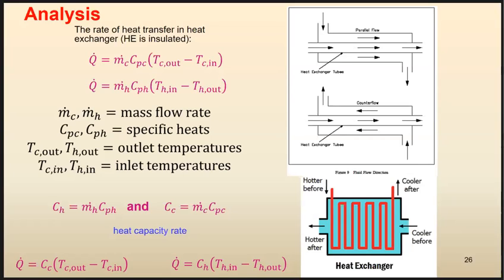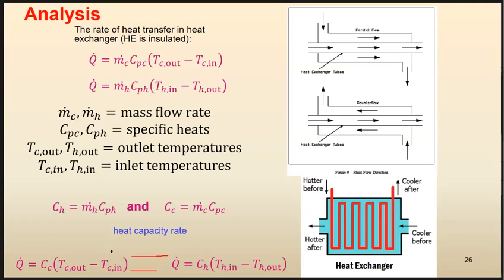So whatever is lost from the hot side is going to be gained by the cold side, and whatever thermal energy is exchanged is actually exchanged between cold side and hot side. So these two must be equal in the ideal situation.